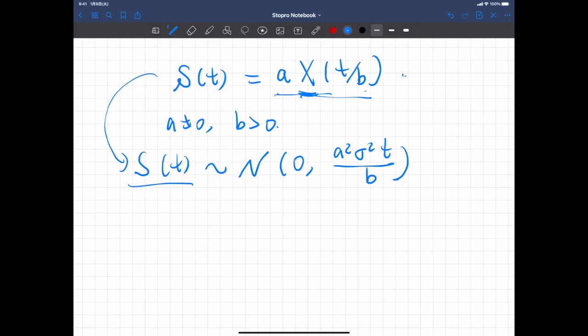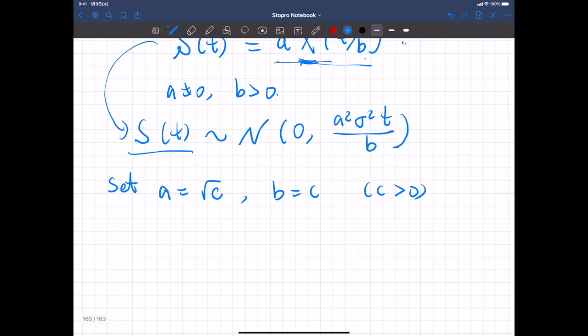Then if we set a equal to the square root of c and b equal to c, for some positive constant c, and substitute this a and this b into here, they will cancel, and a squared sigma squared t over b becomes just sigma squared t.